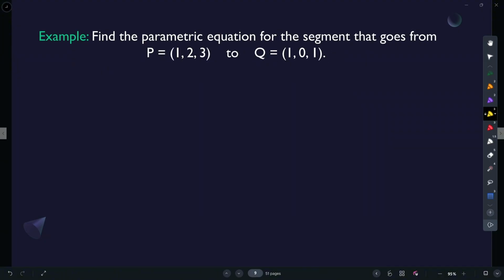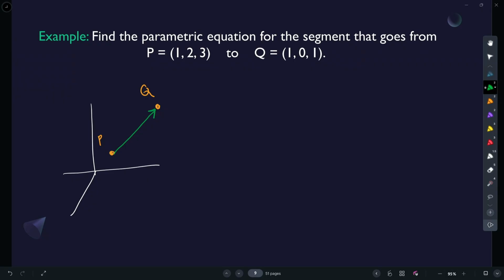Now, if I want to find a segment that goes from one point to another, so what I have now is 2 points somewhere in space. Here, there's a point P and a point Q. First of all, I'm going to find the vector from P to Q. Then I'm going to write the line that goes through P with that vector.